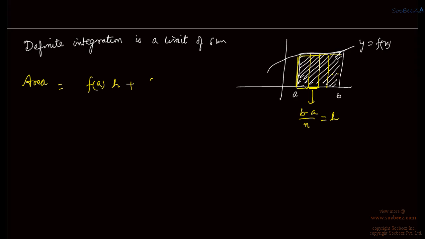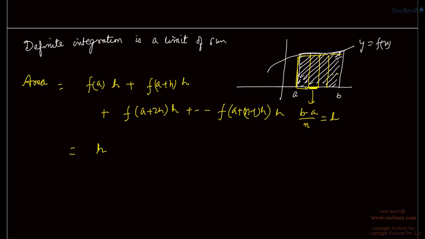For the next rectangle, the length is f(a plus h) and the breadth is h. For the third rectangle, the length is f(a plus 2h) and the breadth is the same, h. And for the nth rectangle, we have length f(a plus (n minus 1)h), and the breadth is h itself.